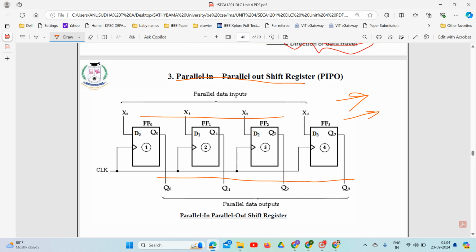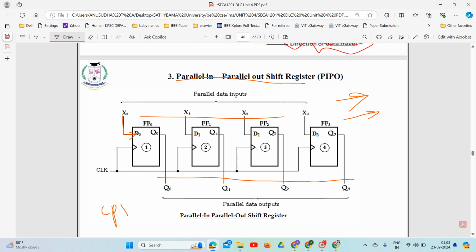Okay, so we are transmitting D0 data, D1 data, D2 and D3 data for clock pulse 1, right? So all the 4 flip-flops receive the data and it gives the result at a time at Q0, Q1, Q2, Q3.